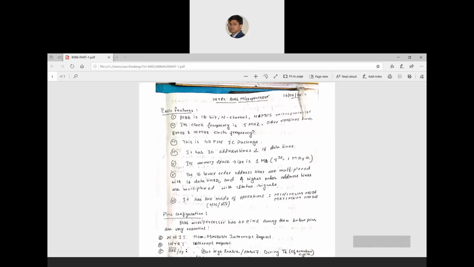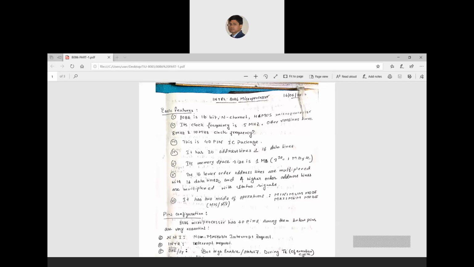Fourth, it has a multiplexing process by which we can accommodate more address and data lines into the same 40 pins. Then we have the two different modes of operation that are not present in 8085. So there are different points where the 8086 is better than 8085.